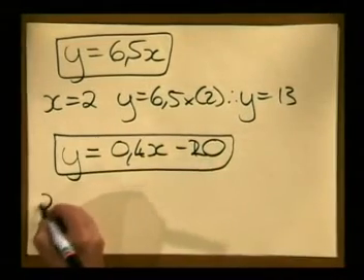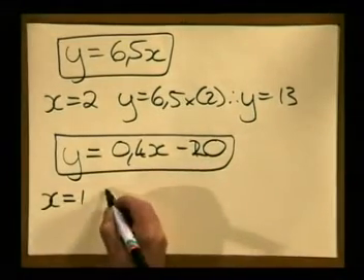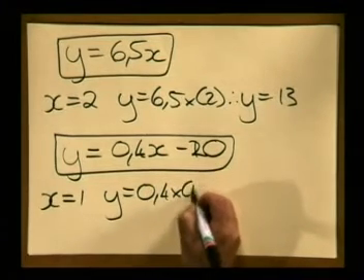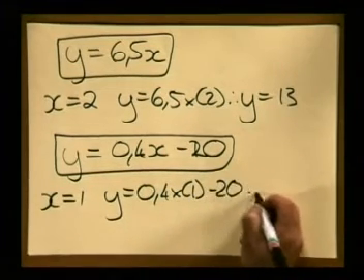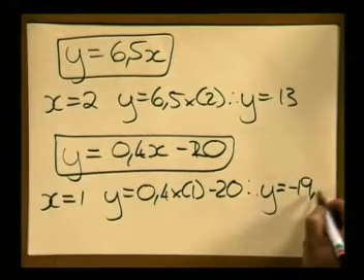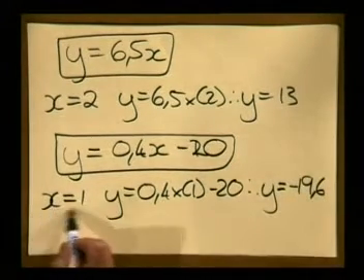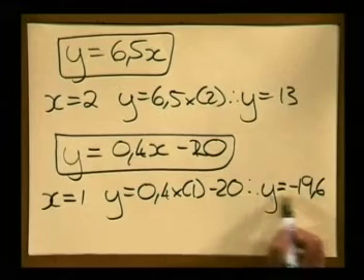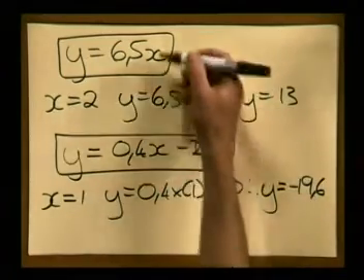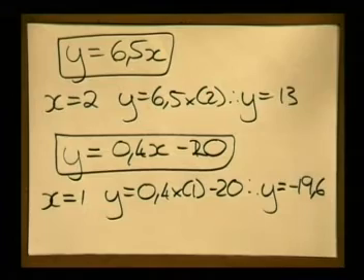If I let my input value x equal 1, then y will equal 0,4 multiplied by 1 minus 20, and so therefore y will equal minus 19,6. Again, one input value gives me one and only one output value. So both of these formulae represent functions.